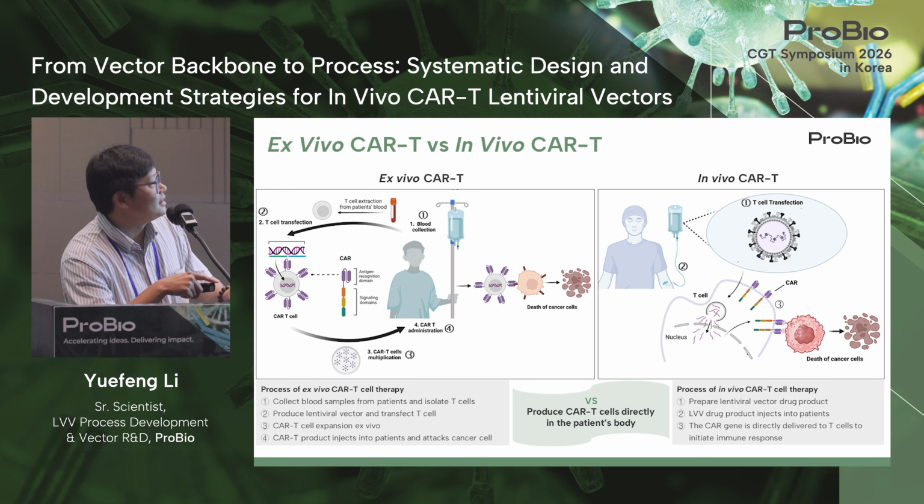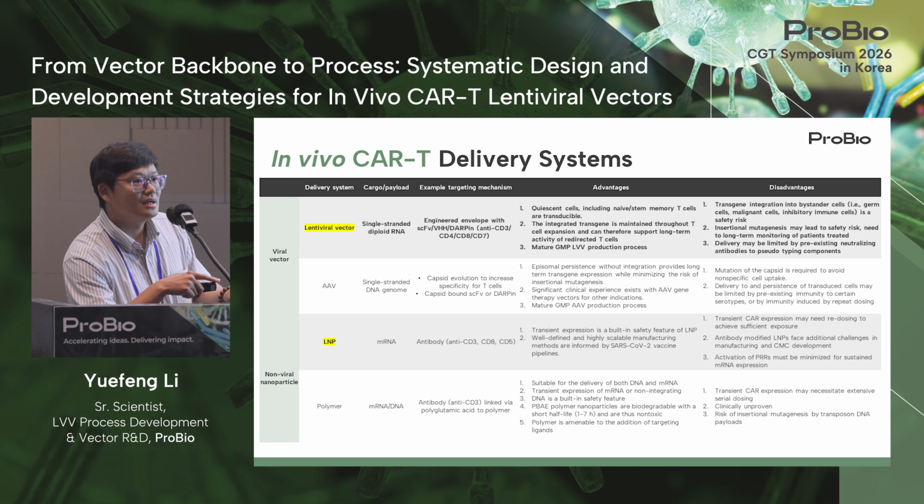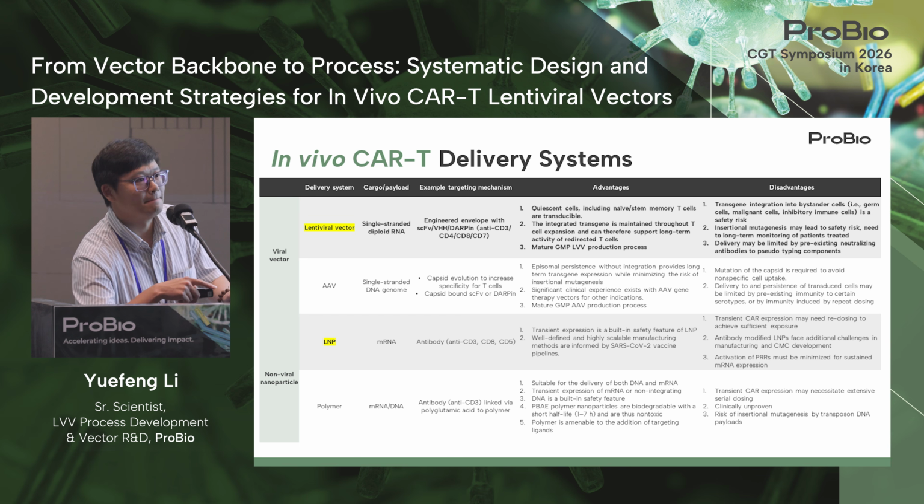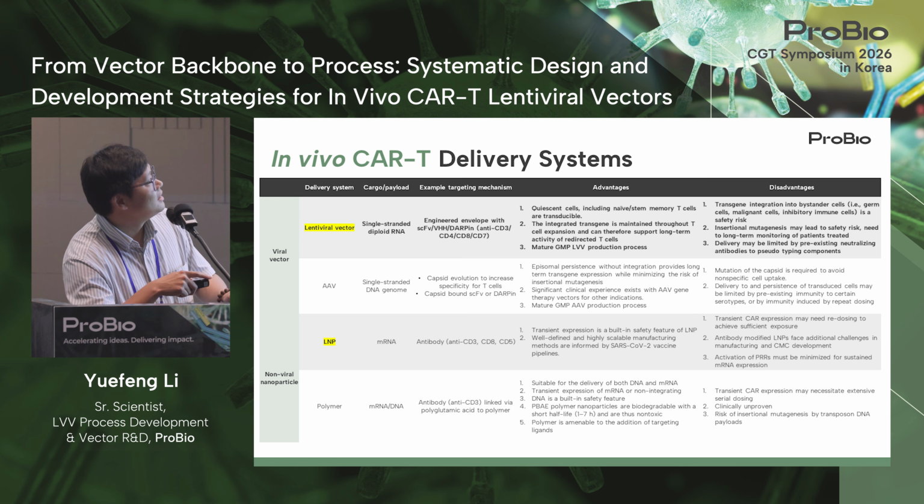In vivo CAR T, normally we use two types of vectors to deliver the CAR genes directly into the patient's T cells. The most commonly used ones are lentiviral vectors and LNP. Lentiviral vector has some advantages.